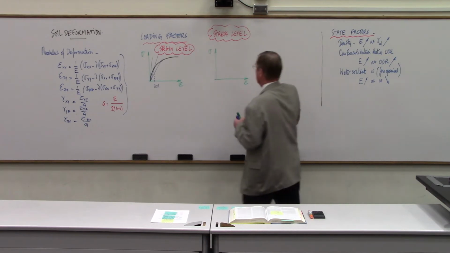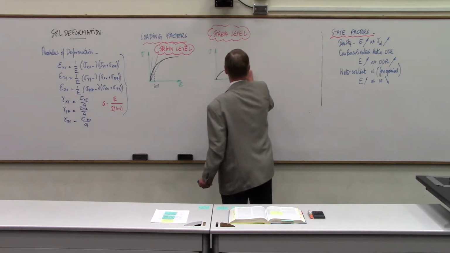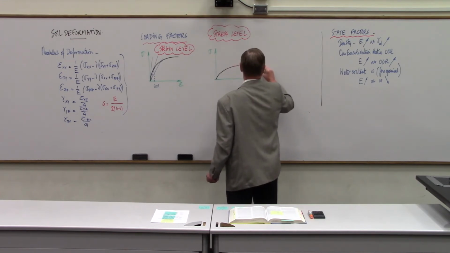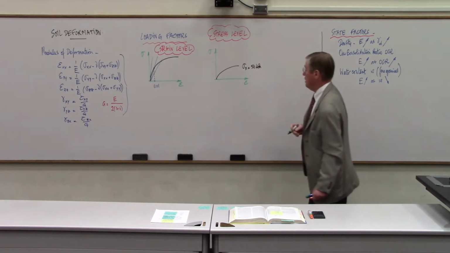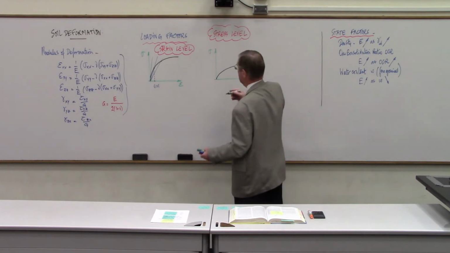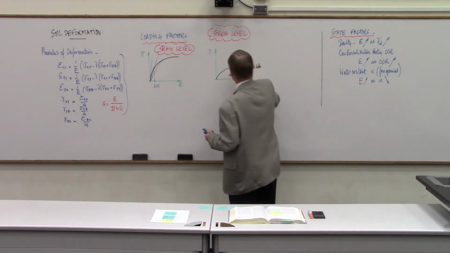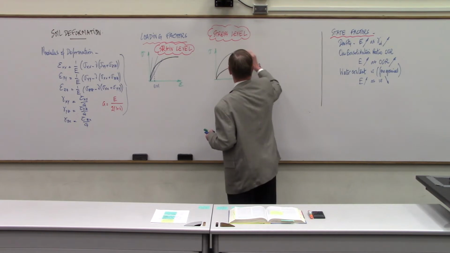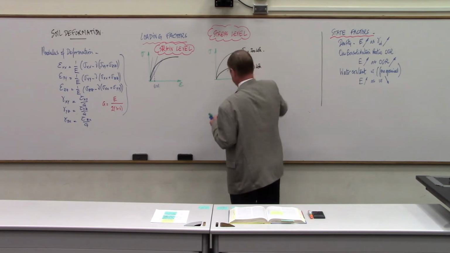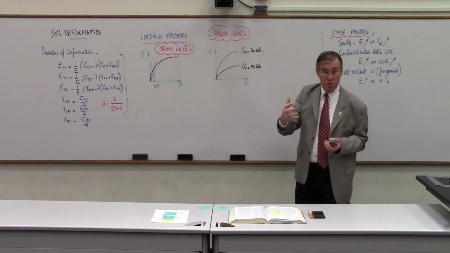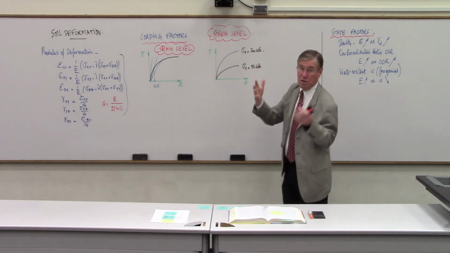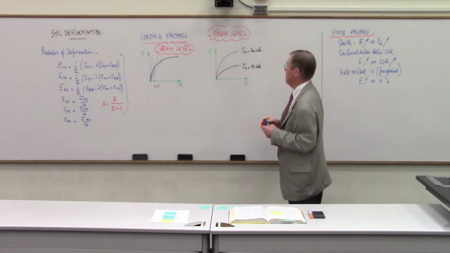I do a first test with sigma 3 equal to 50 kPa. It's a drained test, sigma 3, 50 kPa. And then I do another test with sigma 3 equal to 200 kPa, let's say. Well, as you can imagine, the material is going to be much stronger, much stiffer because of the increase in confinement. So these would be triaxial tests, let's say. So the confinement would be much higher.